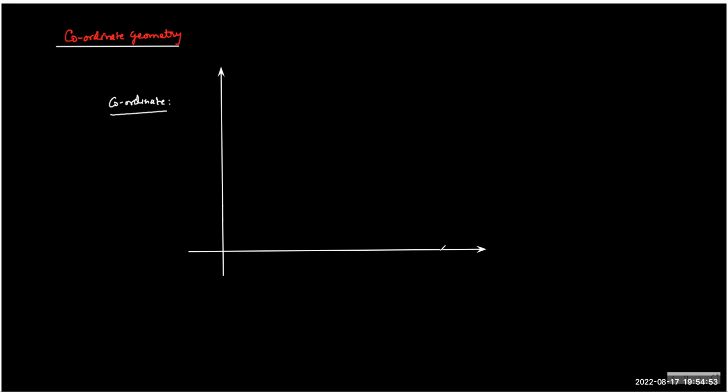And every axis is nothing but representing a number line. So actually the x-axis and y-axis are basically two separate number lines. And these two number lines have mutually perpendicular directions. And when we have two number lines which are intersecting at a right angle, we call it the Cartesian coordinate system.